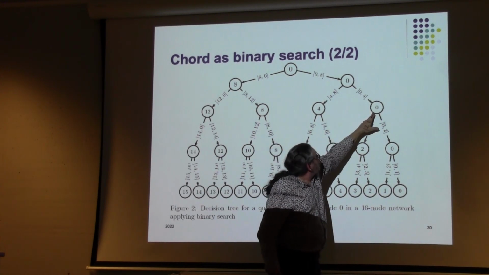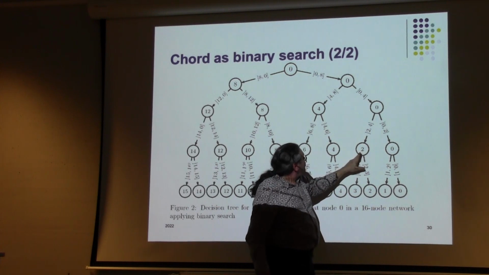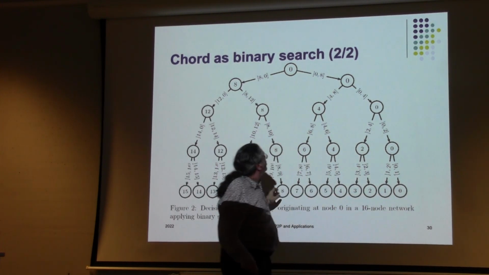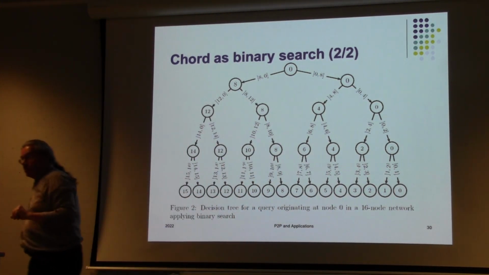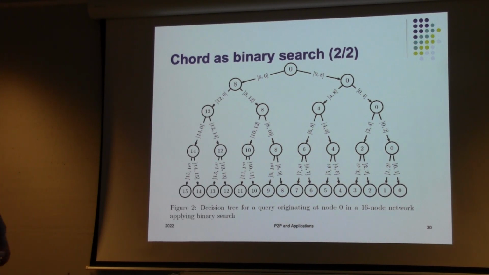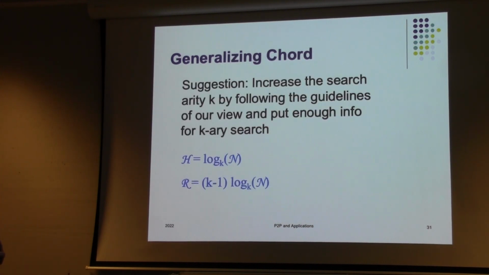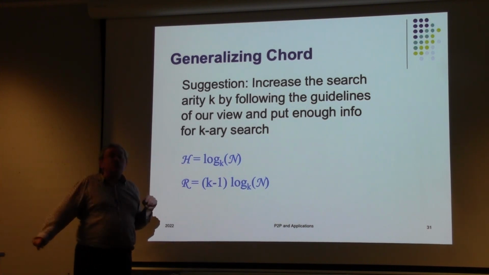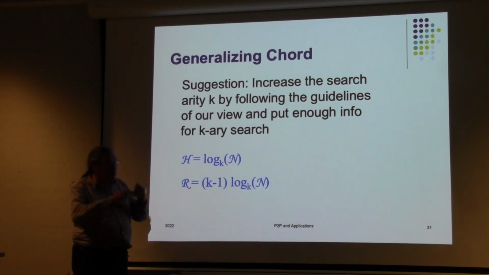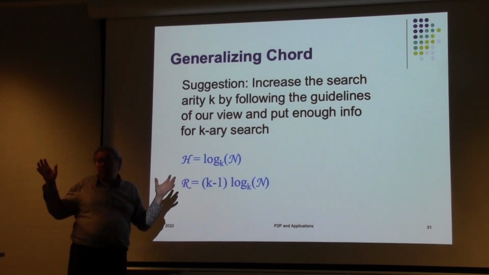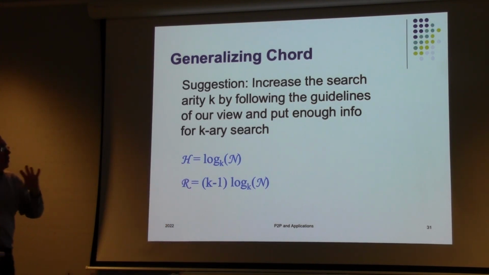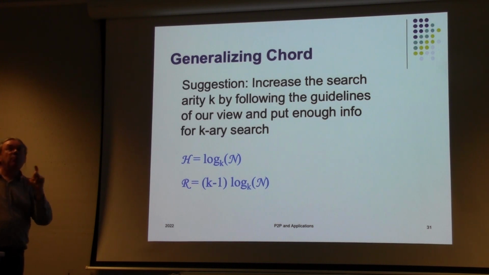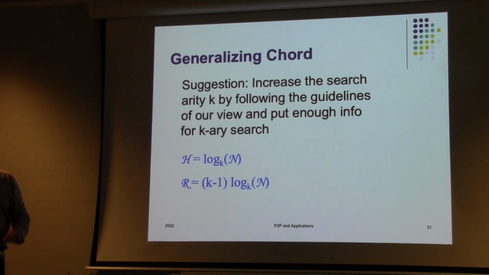If I'm at the first quarter, I can go to the first eighth or the second eighth. And eventually I end up at the nodes. Okay? So the idea is k-ary searches are more general than Chord, and it's a very nice principle. It's a general way, and k is like a parameter. Okay?